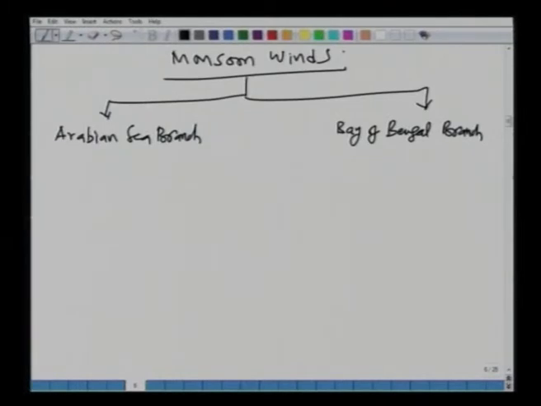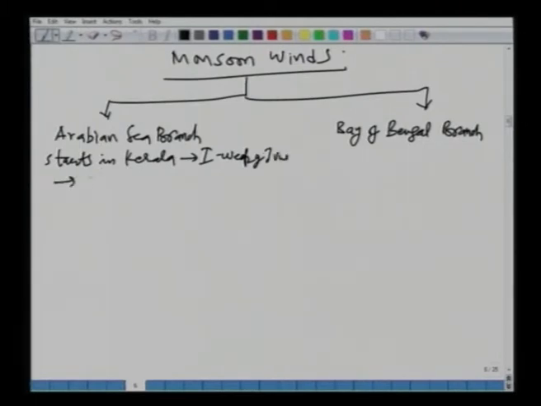The wind patterns. The Arabian Sea branch of the monsoon winds starts in Kerala, as I just said, during approximately the first week of June, that is when it starts.